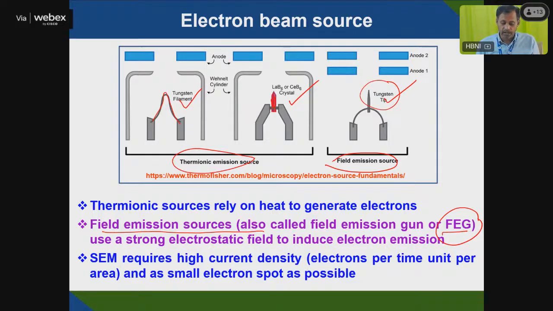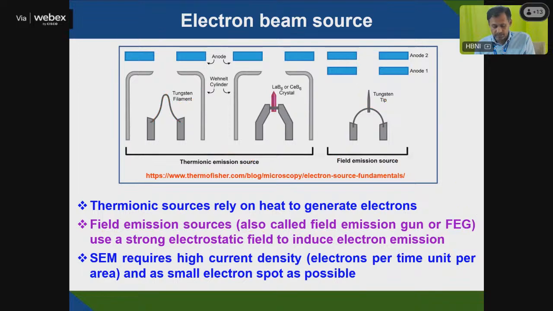SEM requires a high current density, that is, electrons per time per unit area, and a small electron spot. The electron beam has to be sharply focused so that it can scan the surface smoothly and the pixels can be very small, giving a better image.